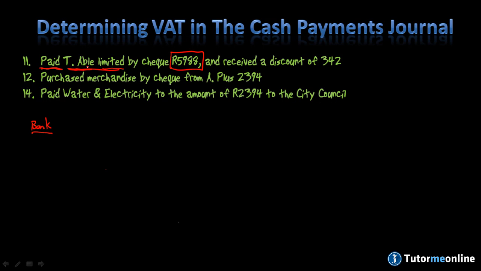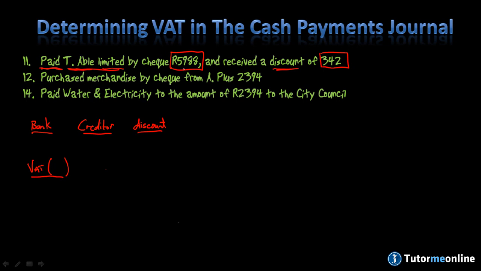We paid T Able Limited, which tells us, of course, that this was a creditor who we owed money. Then we received a discount to the amount of 342. So that, of course, affects our discount column. And then finally, we need to determine the VAT portion and whether this was VAT input or output.